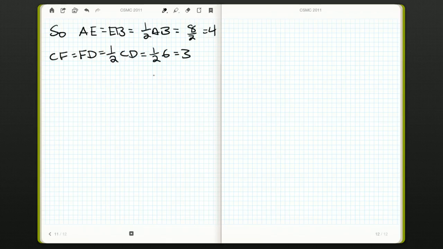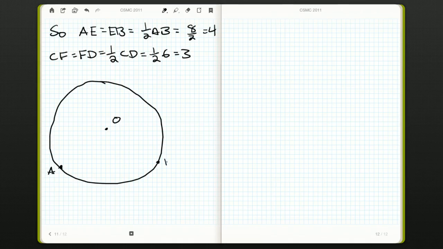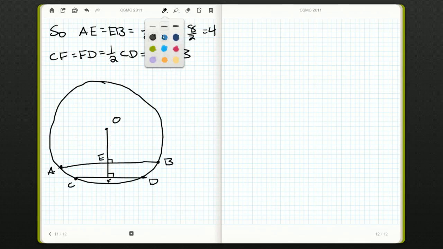Let's draw a bigger diagram now that we have some extra information. And we'll use special lines to denote the radii, so things are a little clearer.